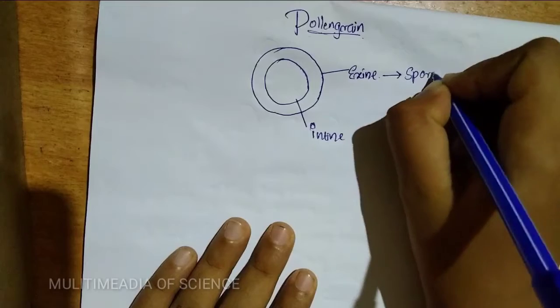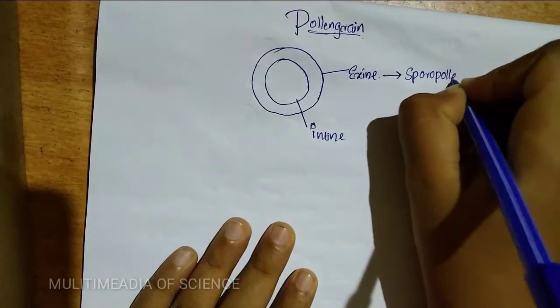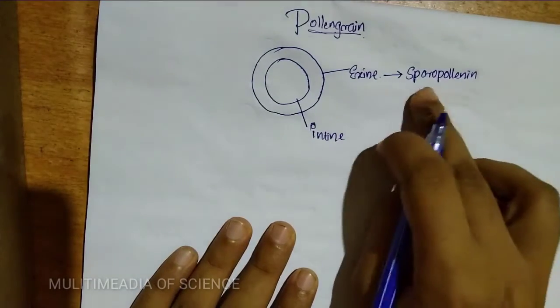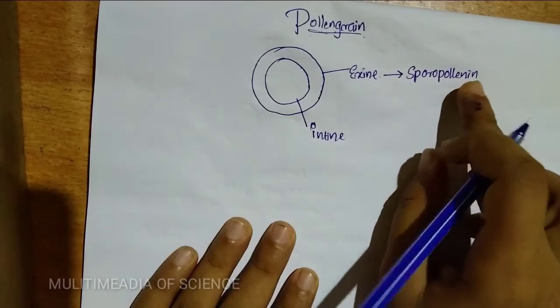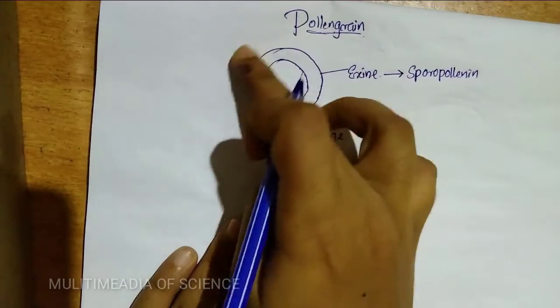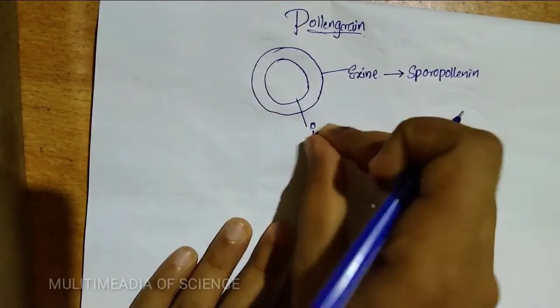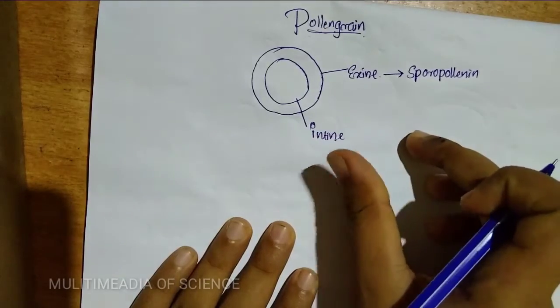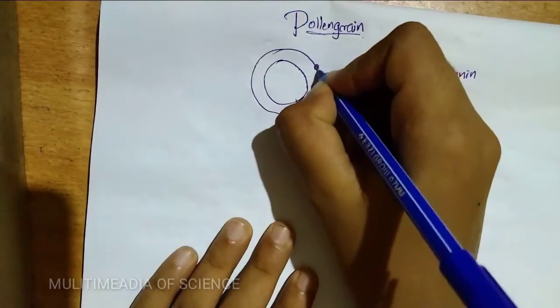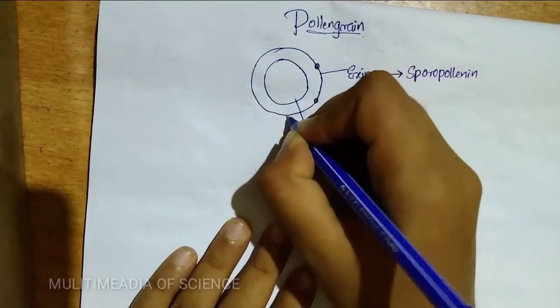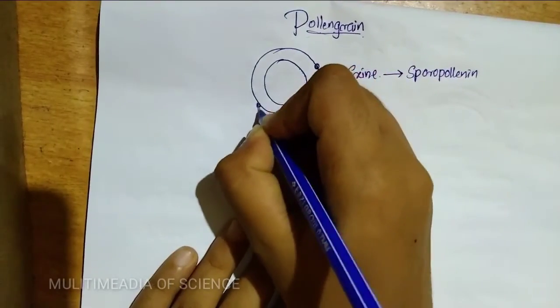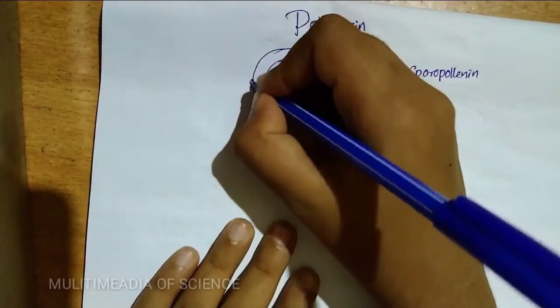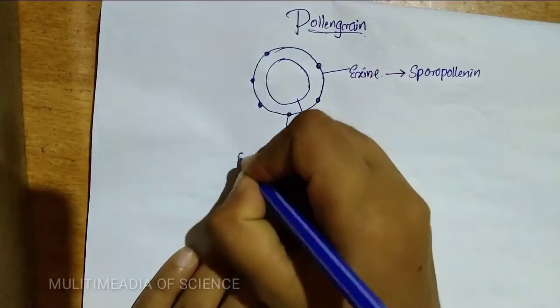This exine layer is made up of sporopollenin, a chemical present only in the exine. In the intine there is no sporopollenin, and in the exine there are some pores, which are called germ pores.